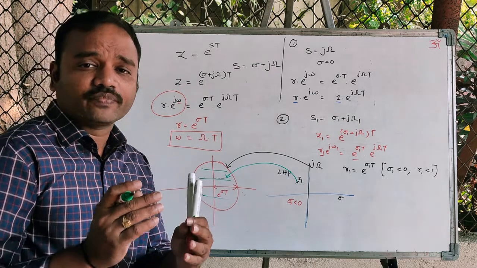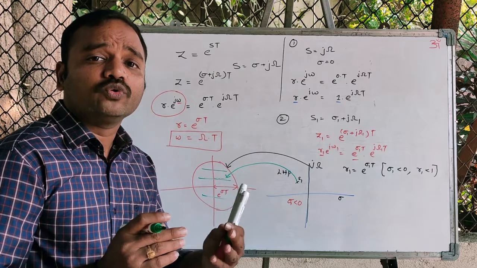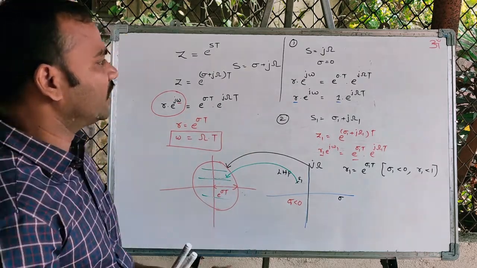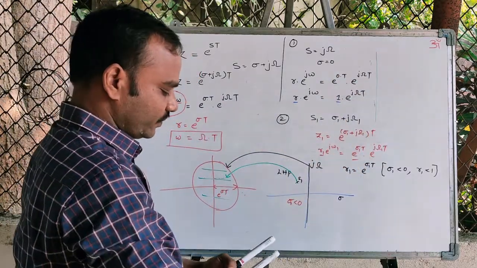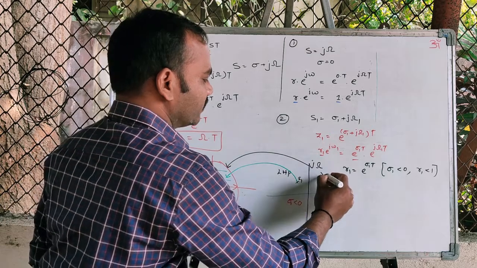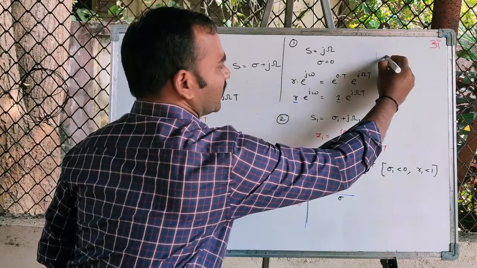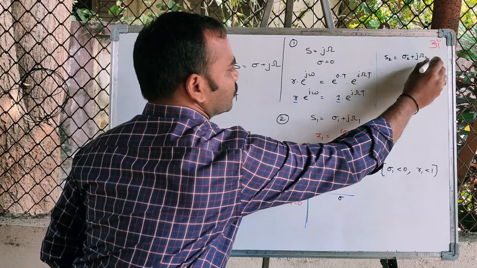Next, we will check whether the right half of the s-plane poles are mapped to the exterior of the unit circle or not. So for this, we will consider another pole which is located here, say s2. So s2 = σ2 + jΩ2.